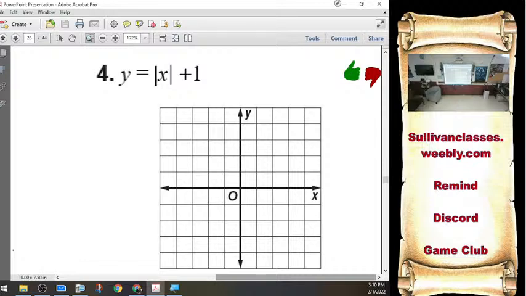Now this had an absolute value in it. Look at the other problems. What should this look like by the time I'm done? Should it be a U? Should it be that snaky thing like a cubic? Or is it going to be a V?